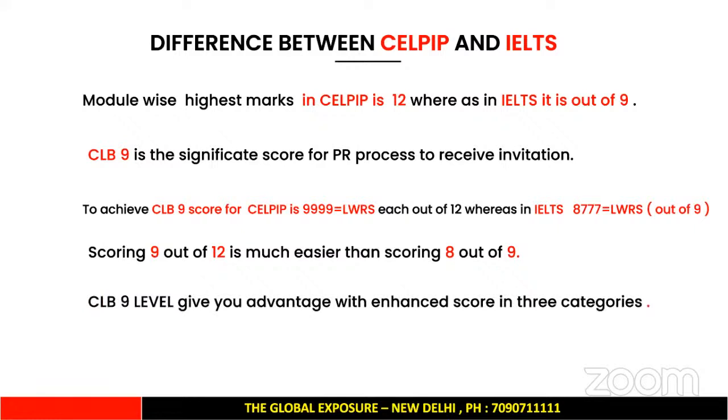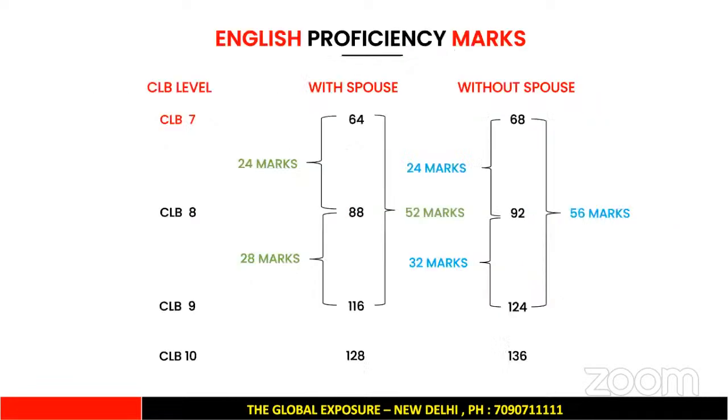I am also saying that you should get CLB 9 because it will give you a definite entry, as CLB 9 provides many advantages which give a good hike to your CRS score, making your entry to Canada definite. I will be talking about these advantages in the coming slides.